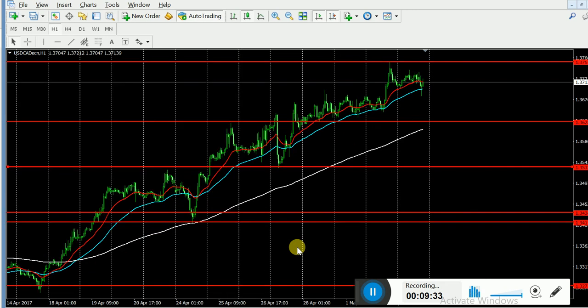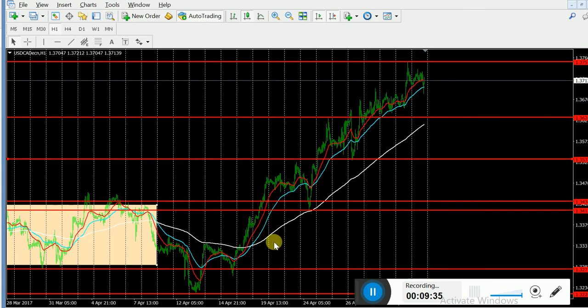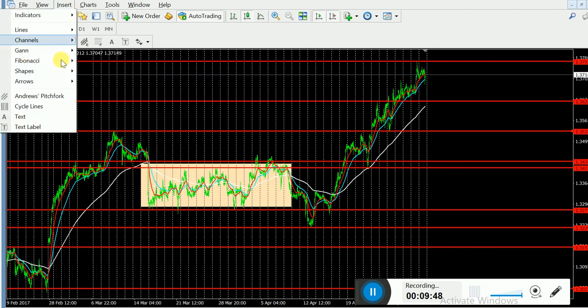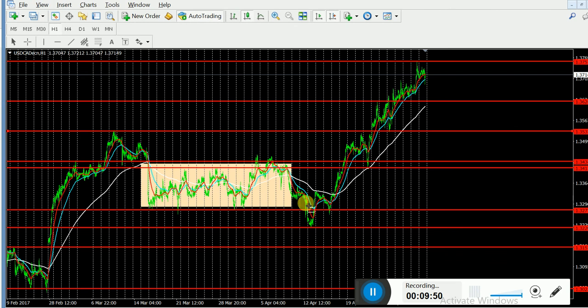All right, so now basically what we did here was we zoomed out and we have a level of consolidation. After a level of consolidation, you will get a trap, which is here.